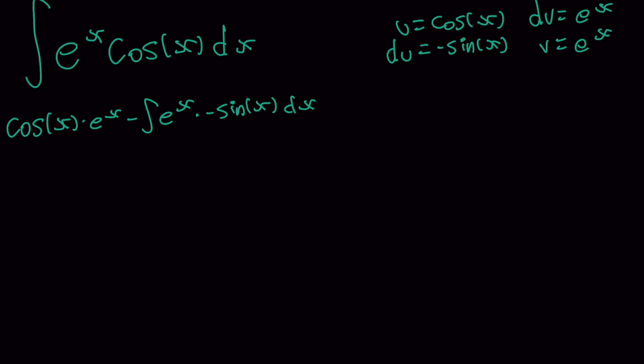If we now made our trig function e to the x, we would be on this merry-go-round forever. So u equals negative sine x, du equals negative cos x, dv equals e to the x, v equals e to the x. Real simple, okay?